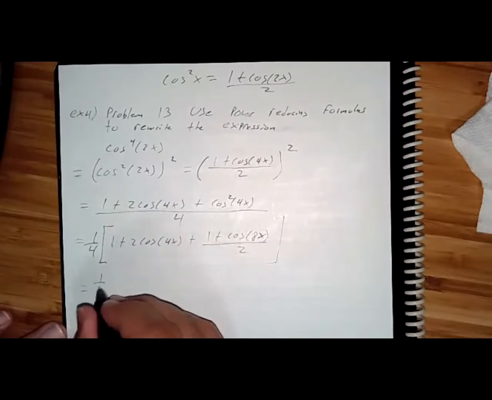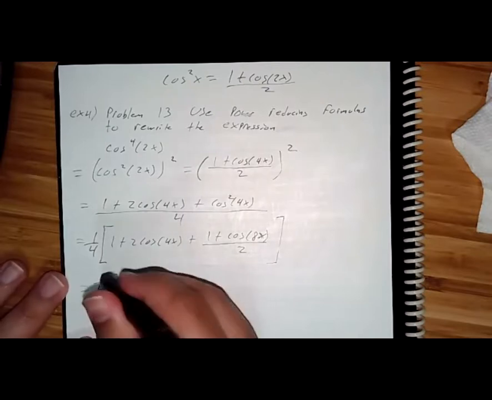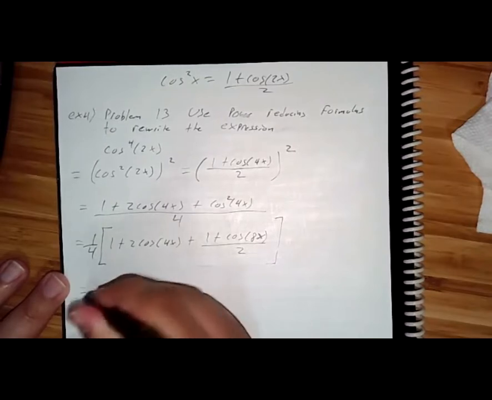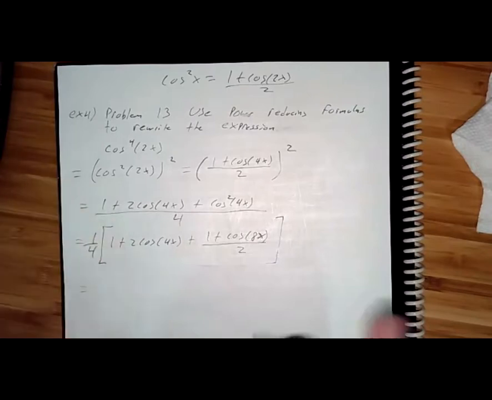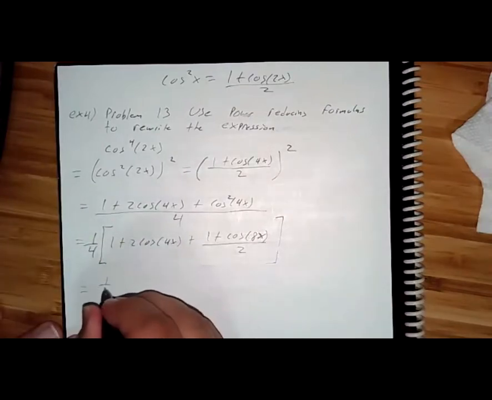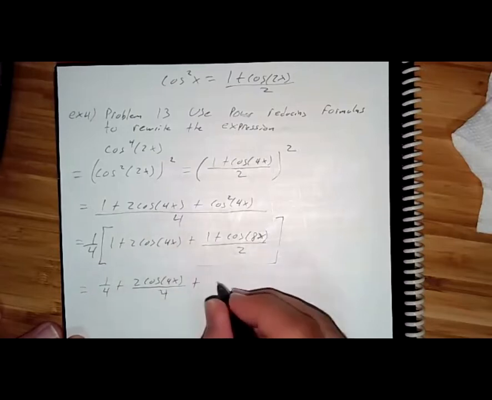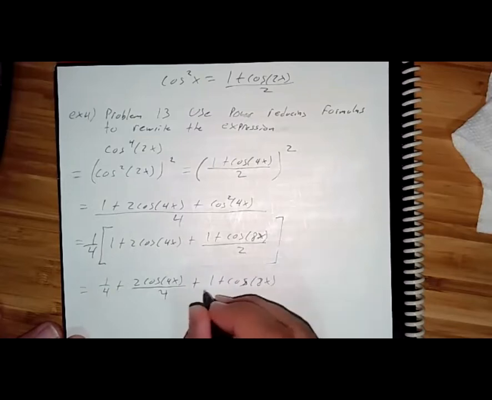So then, well, at this point we're done actually. We can just multiply the 1/4 inside and we're done. So this will become a 1/4 plus 2 cosine 4x over 4 plus 1 plus cosine 8x over 2.